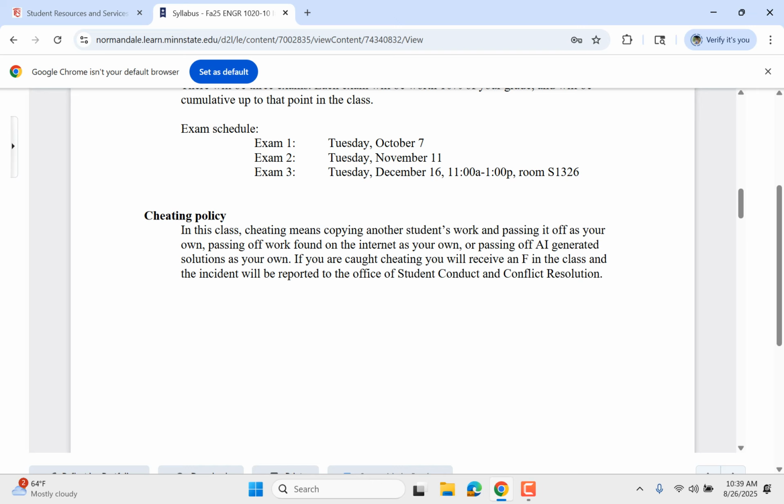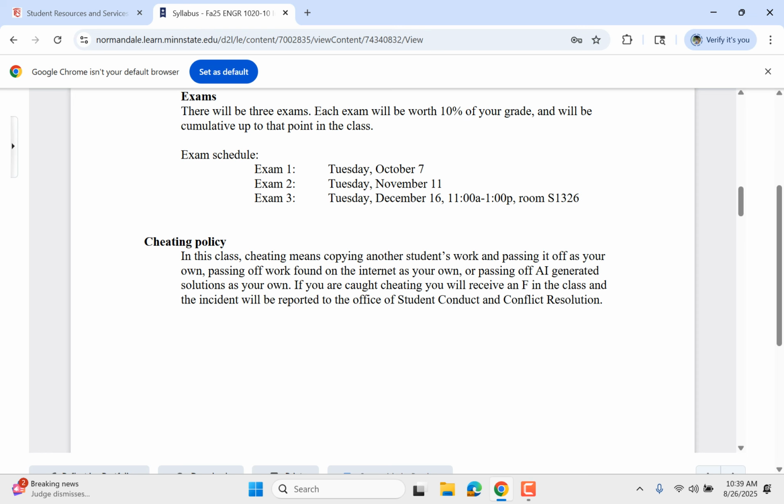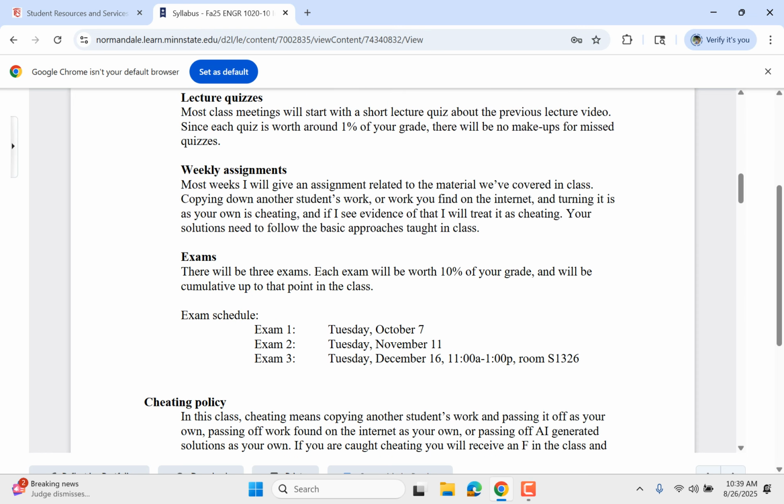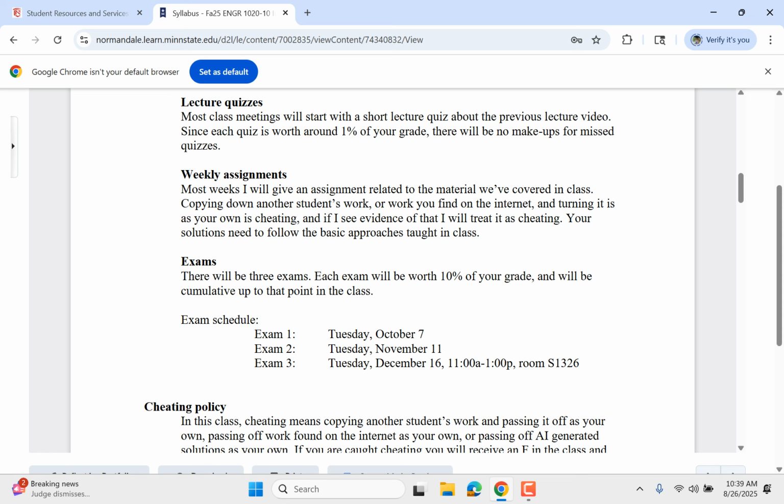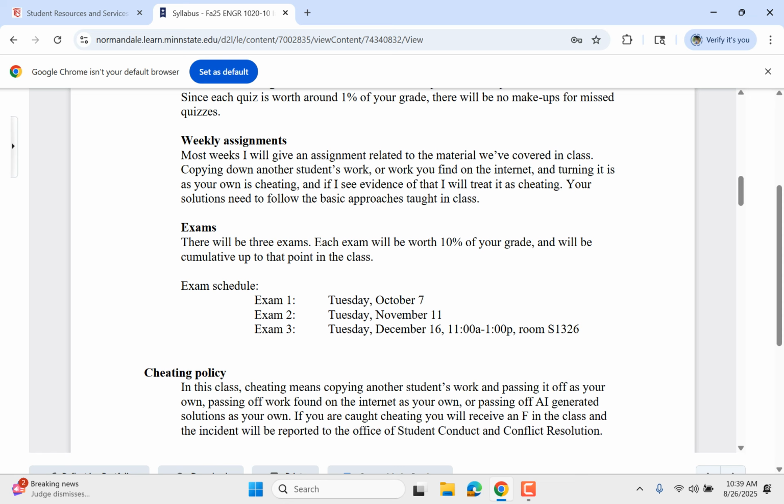I say in all my other classes that AI just is not intended to be a part of the class, and so anytime you're using AI, you're doing something that I don't intend. This class is a little funny in that way. When you're doing the robot project, and I'll talk about this more later on, AI is allowed.